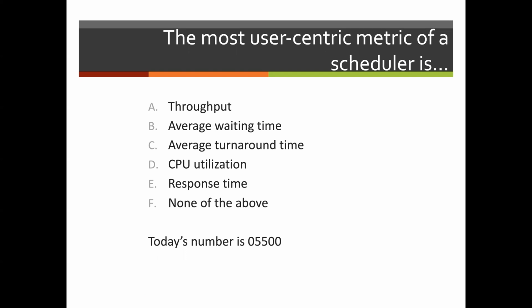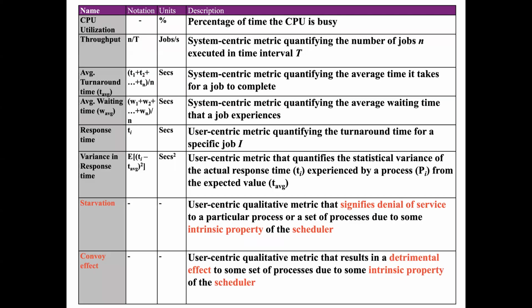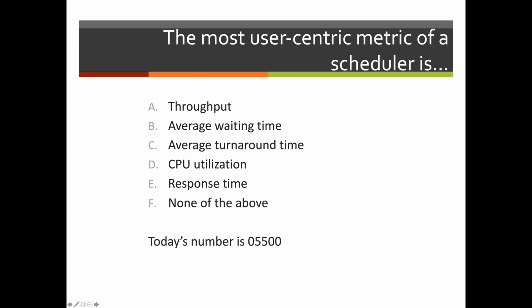If we want to think about this, we can simply refer back to our table. In the table and the discussion with this, we see that response time and variance of response time are the metrics that are user-centric. And so for this question, we can denote that response time is an appropriate metric that is user-centered.